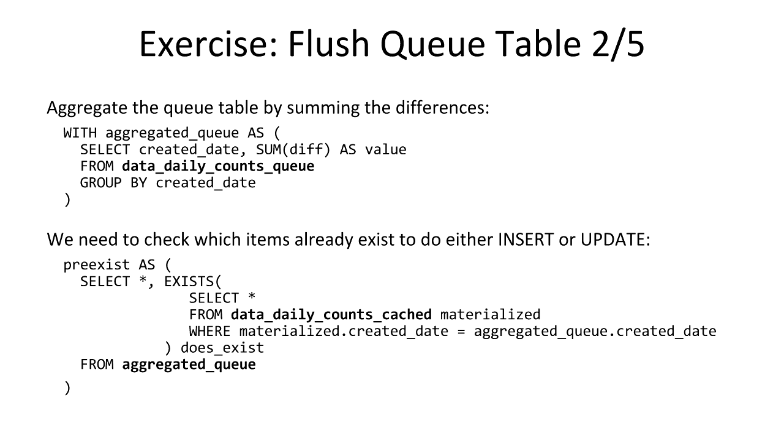And then we need to check whether these rows already exist in the materialized table. And for that we use an exists semi-join. We check in the data daily counts cache table whether a row with the materialized created date already exists.